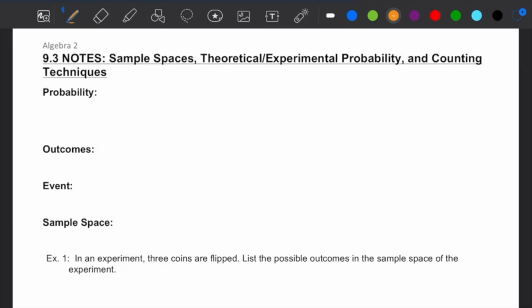Welcome everybody to Algebra 2, Section 9.3, Sample Spaces, Theoretical and Experimental Probability, and Counting Techniques. So probability is defined as the likelihood of an event occurring.